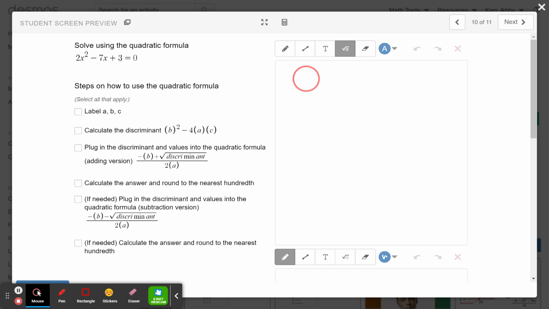Alright, so A value for this one is 2, B value is -7, C value is 3. -7 squared minus 4A times C. So put that into the calculator.